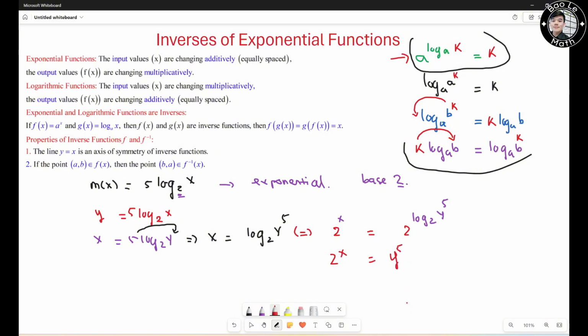Now I need to solve for y, so I need to raise both sides to the 1/5. So it's going to be 2 to the s, all together to the power of 1 over 5, equals y, because y to the power of 5 raised to the 1/5.